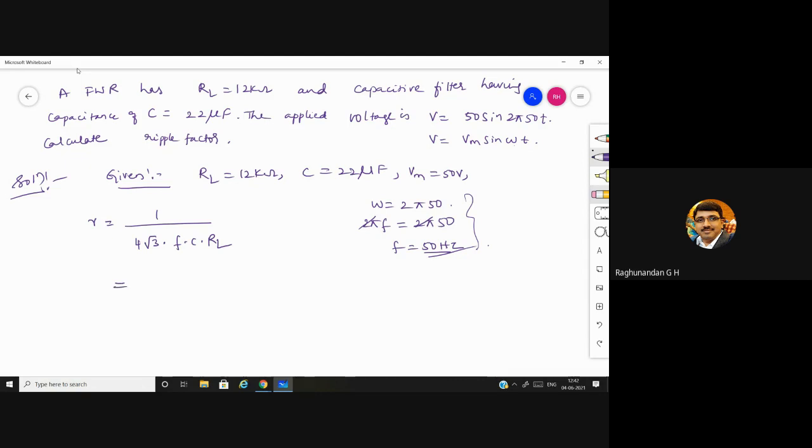You'll get the ripple factor. What is the ripple value?